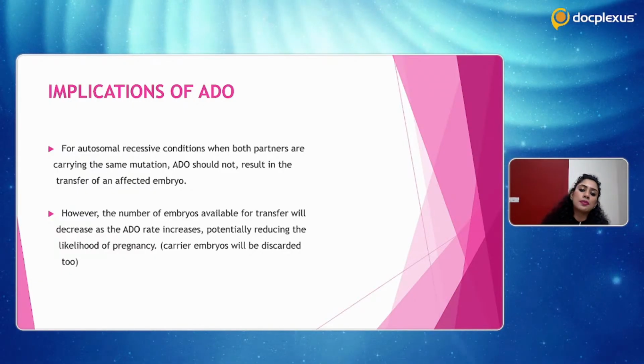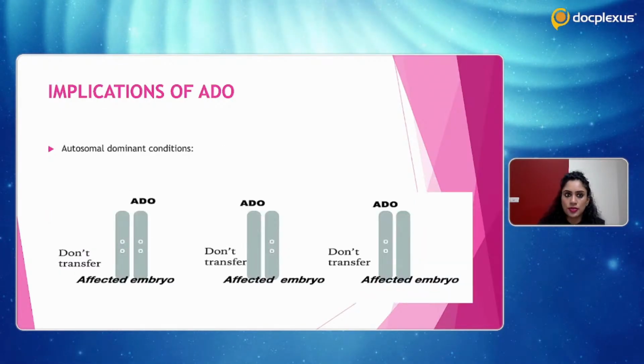However, the number of embryos available for transfer will decrease as the allele dropout rate increases, potentially reducing the likelihood of pregnancy. And in this case, carrier embryos will also be disregarded and they will be disposed of.